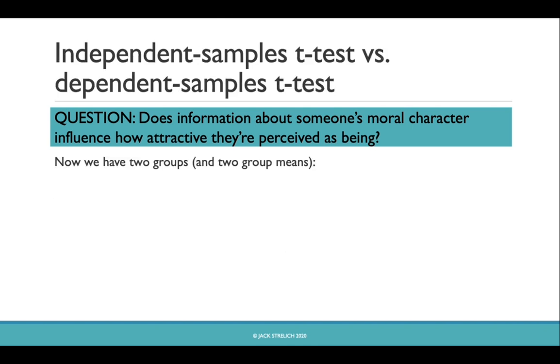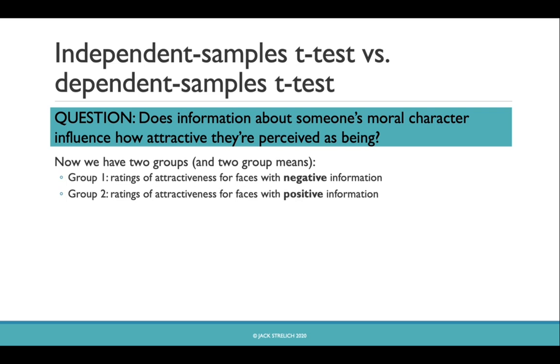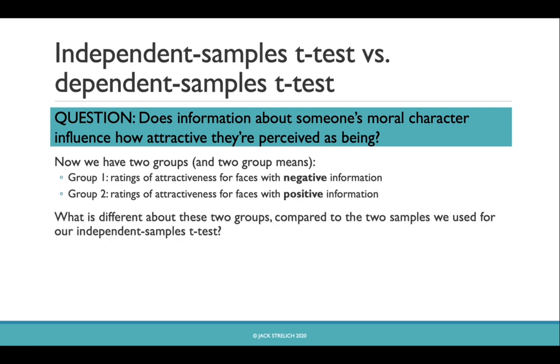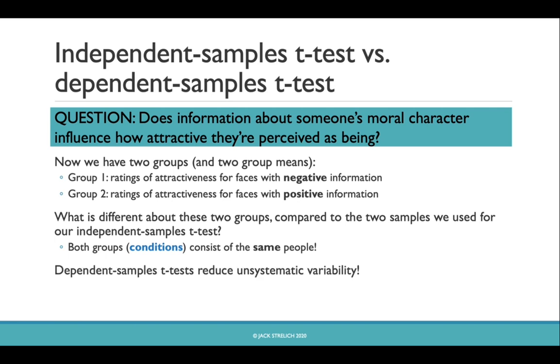So, now we have two groups, and thus two group means. In group 1, we have ratings of attractiveness for faces coupled with negative information. In group 2, we have ratings of attractiveness for faces with positive information. So, what is different about these two groups compared to the two samples we used for an independent samples t-test? And the answer is that here, both groups, or both conditions, consist of the exact same people.